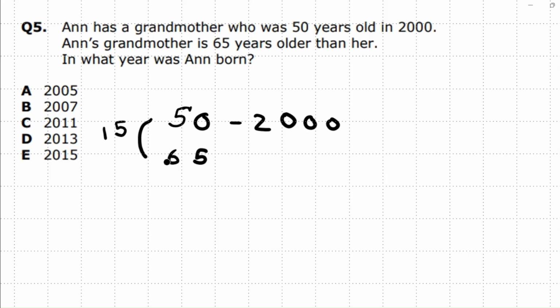So since there's 15 years adding on, there's going to be 15 years adding on from this side as well. 2000 plus 15 equals 2015. So Anne's grandmother was 65 when Anne was born. So the answer is 2015, which we can find in E. So the answer is E.